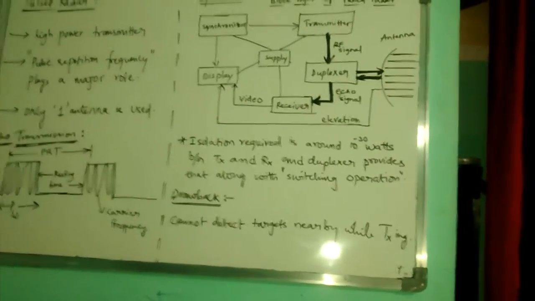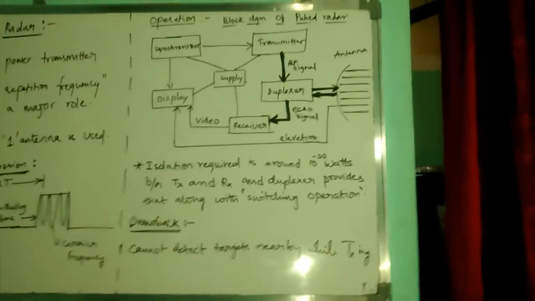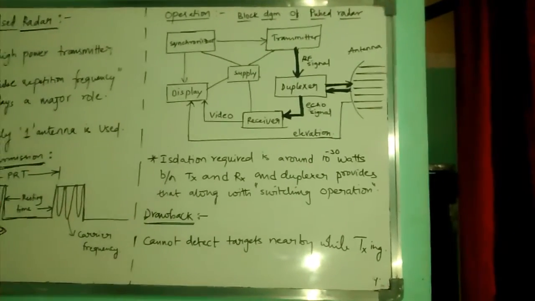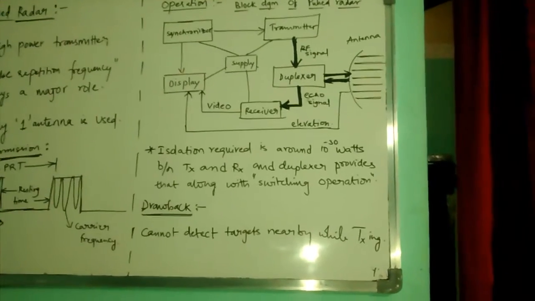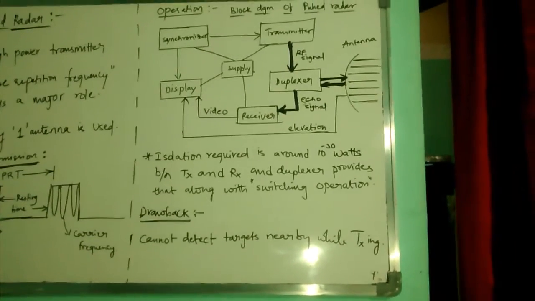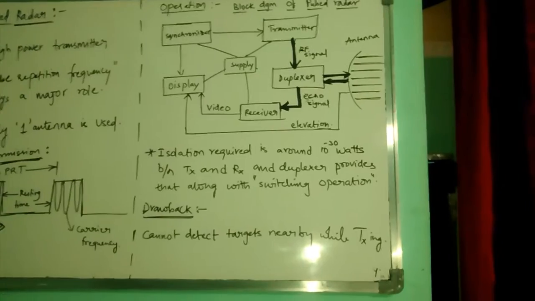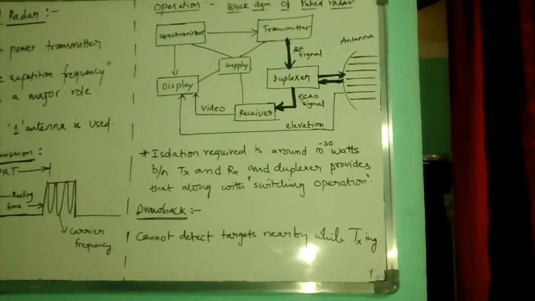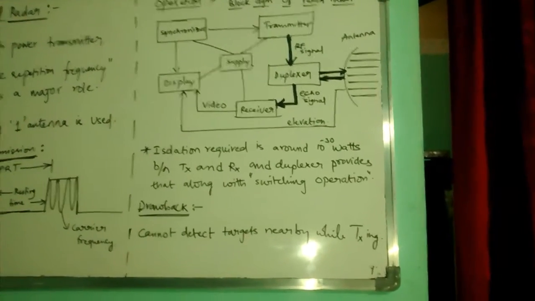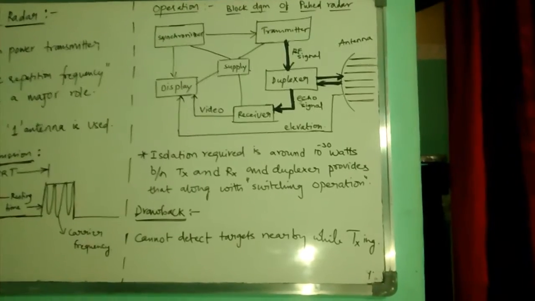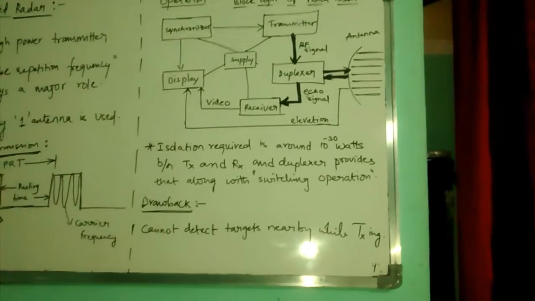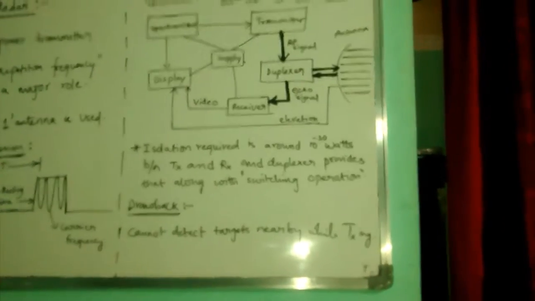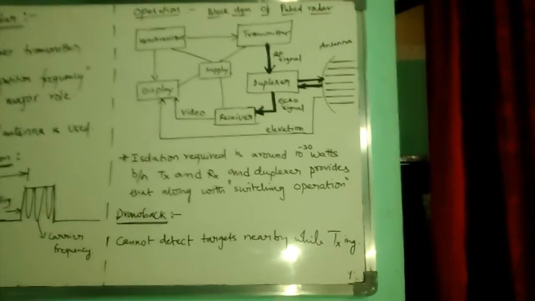Before going to the block diagram explanation, first we'll get the basic idea of pulse radar. As it is a pulse radar, one pulse is transmitted, and whenever the pulse is transmitted, the transmitter will be on. At that time, the receiver is off.